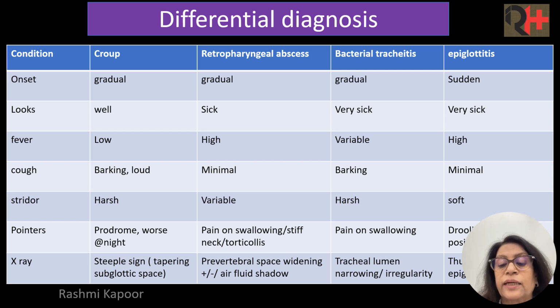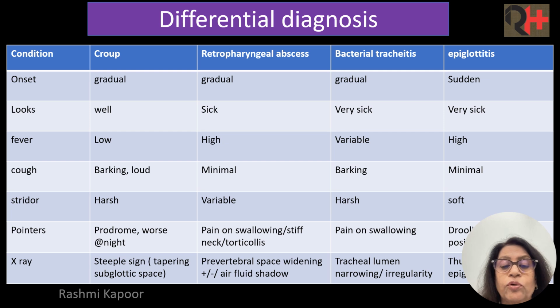But in epiglottitis, it is a sudden onset. The child looks well in croup because it's a viral infection, but in the rest of the three, the child looks sick, and he may look very sick in cases of epiglottitis and bacterial tracheitis because they are all bacterial infections.